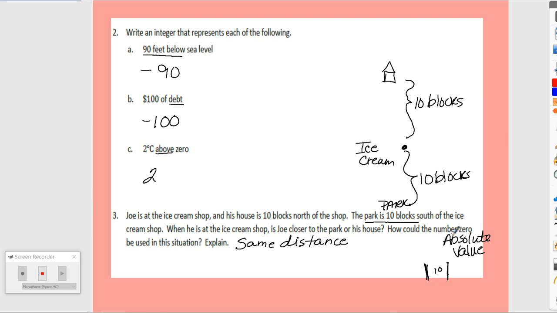What does the number 0 represent? Yeah, right here is 0. So what's it represent? 0 means you're at the ice cream shop. Perfect. All right, let's go ahead and keep looking.